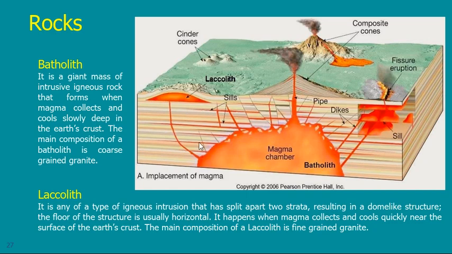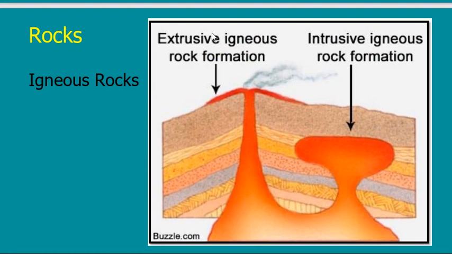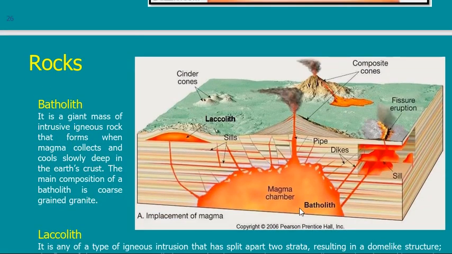It's another way of differentiation other than intrusive and extrusive. They are more or less the same. This is extrusive, this is intrusive. So laccolith is intrusive, but this is extrusive. But what is the difference between this and this? They are both intrusive: this is intrusive laccolith and this is intrusive batholith.